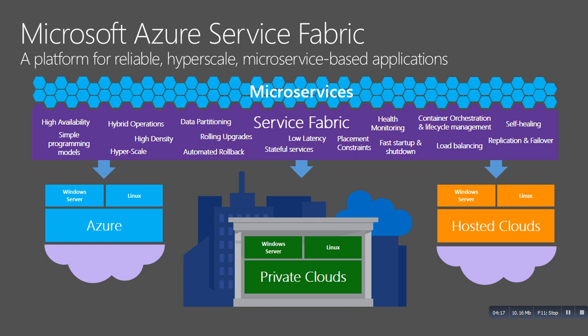You can run it in a local cloud, and it provides high density, so resources can be utilized more than earlier. You can deploy high-density services, hyperscale, and data partitioning, where you can partition data to run in different modes in different containers.